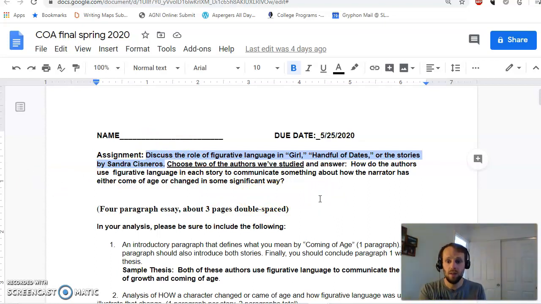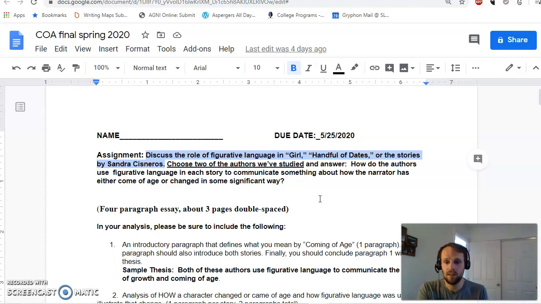And so the other part of that is to talk about how does the figurative language in the story give us more detail about this character's process of coming of age, or of growing, or of changing over the course of the story. So essentially what the question is asking is, how do these authors use figurative language to talk about coming of age?